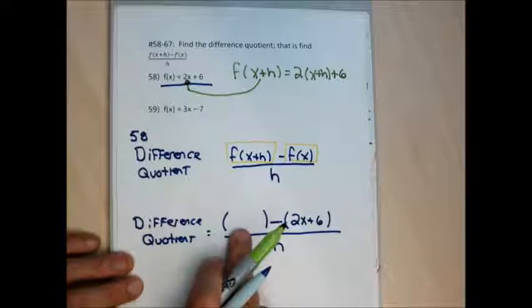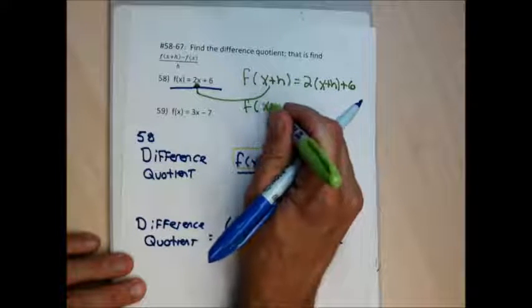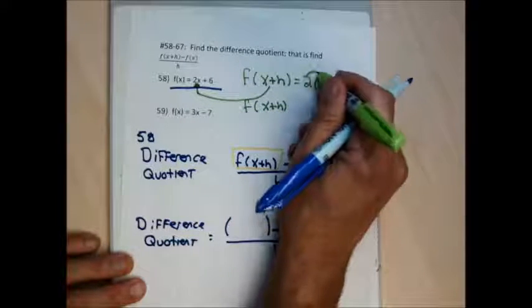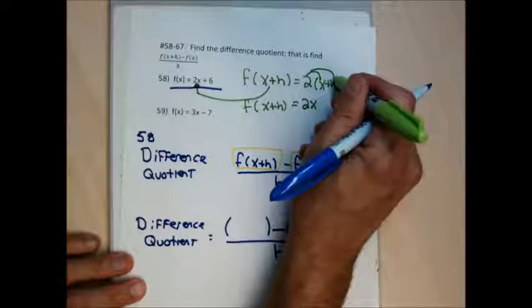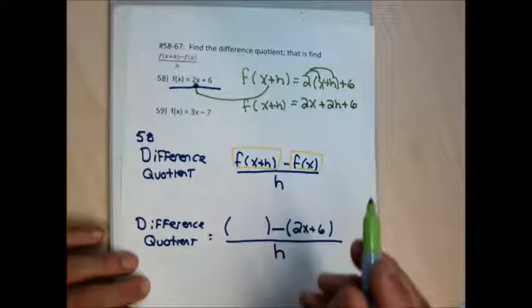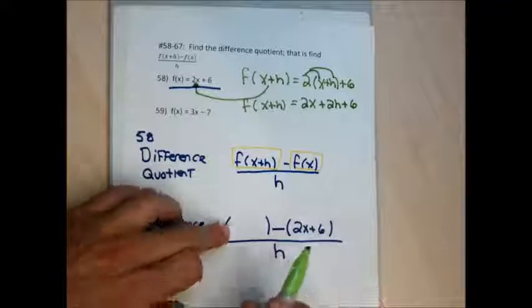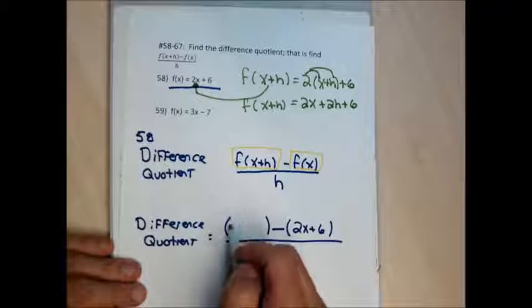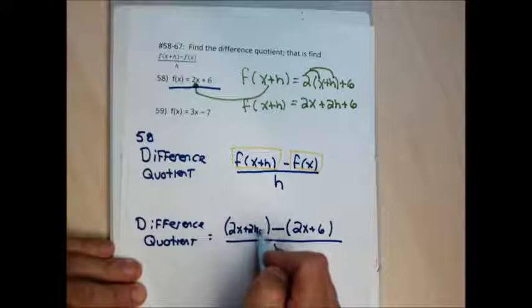I could put that in this first parentheses, but let me clean this up a little bit by clearing the parentheses by multiplying 2 times x and getting 2x, and multiplying 2 times h and getting plus 2h. This is what I'm going to put in place of f of x plus h in the unused parentheses in the numerator. So I'm going to put a 2x plus 2h plus 6.